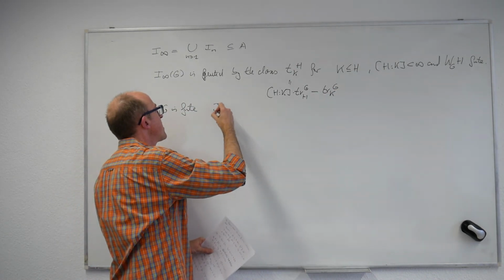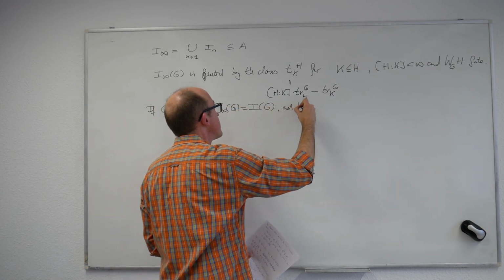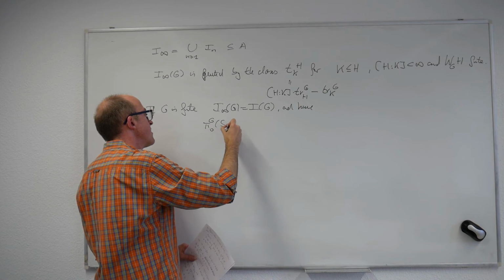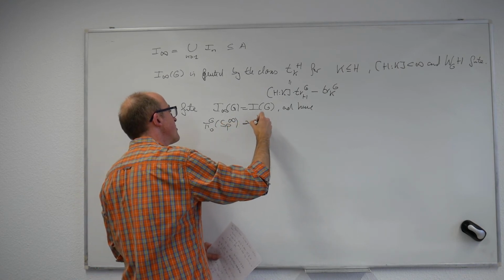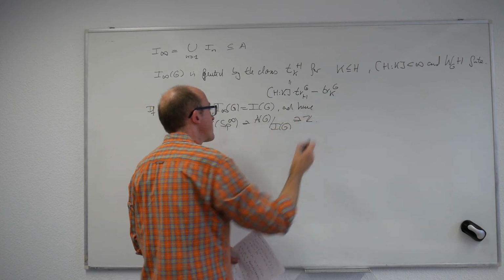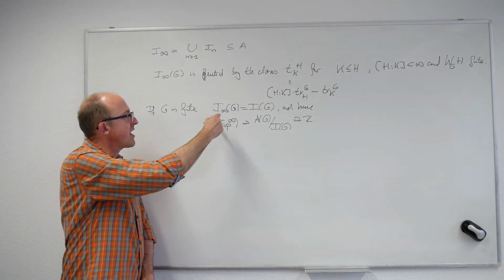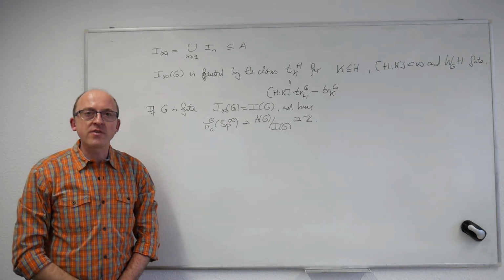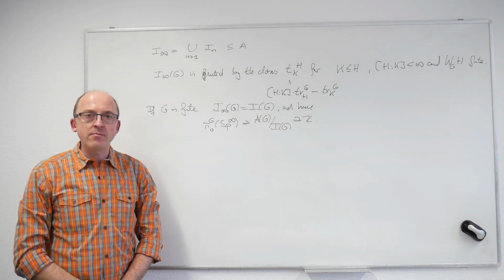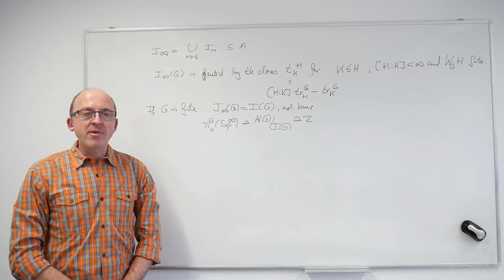So in this situation, I infinity of G will always be the full augmentation ideal. And hence, we will get that for finite groups, pi 0 G-equivariant of SP infinity is isomorphic to the Burnside ring modulo the full augmentation ideal, which is just a single copy of Z. And that is, of course, reassuring, because I've told you twice already that SP infinity is globally equivalent to this point set level orthogonal spectrum that I called HZ, which is trying to be an Eilenberg-MacLane spectrum for the constant global functor with value Z, and actually is such an Eilenberg-MacLane spectrum on finite groups.